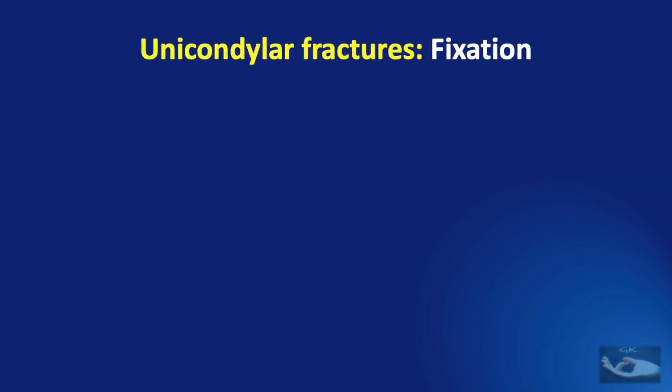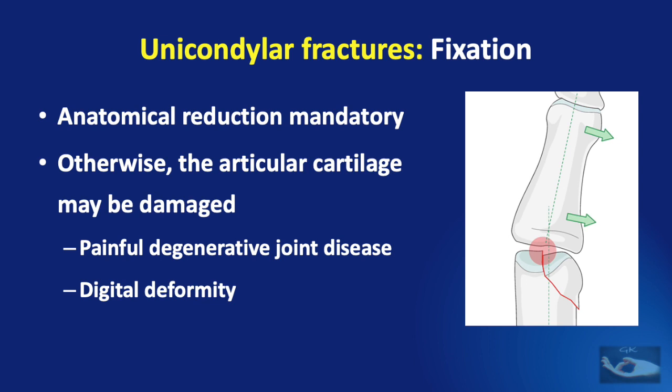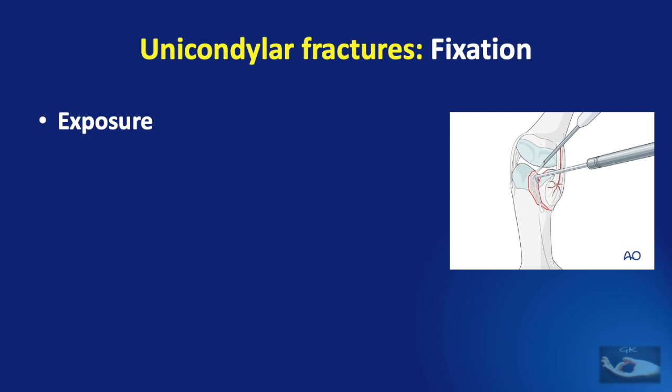Now let us see the technical aspects of fixation of unicondylar phalangeal fractures with lag screws. First, anatomical reduction is mandatory, otherwise the articular cartilage may be damaged, leading to painful degenerative joint disease or digital deformity. The first step in fixation is a good exposure and good irrigation with pulsed lavage of Ringer's lactate to remove clots.